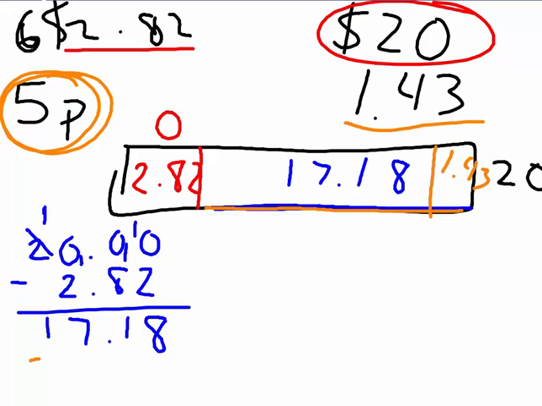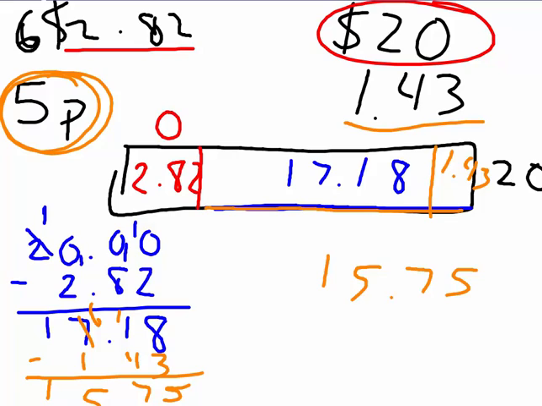So now what I do is I subtract. 5 will become a 6. And I'm left with $15.75. So I know this middle part is $15.75.